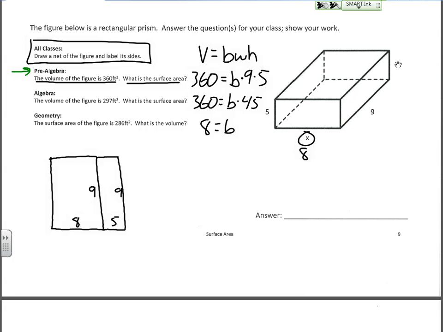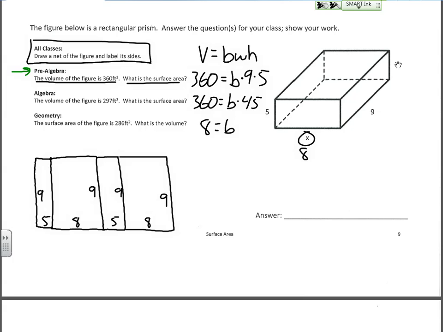Then imagine folding over the top of that box, so it's lying flat on a flat surface. The top comes next, and that's the same size as the bottom, so that will have an 8 and a 9 there. And then the left side of our prism, you can put that on either end of our net here, but it might help visualize things better if we connect it to our bottom, which is going to have 5 and 9 here.